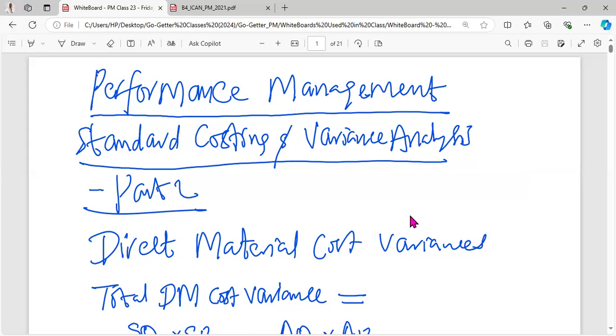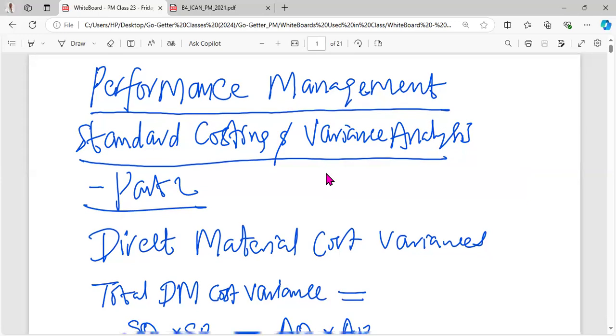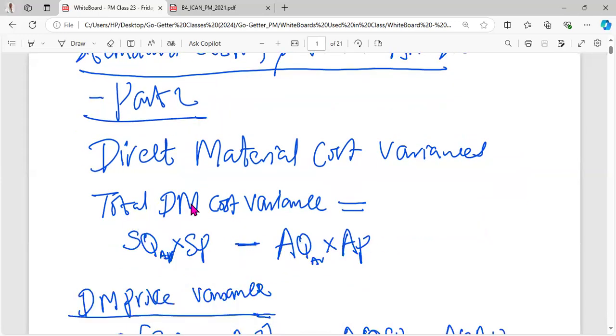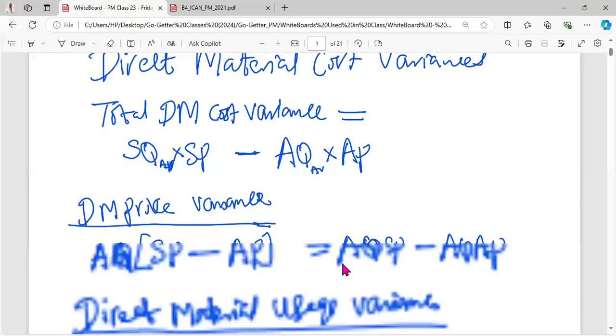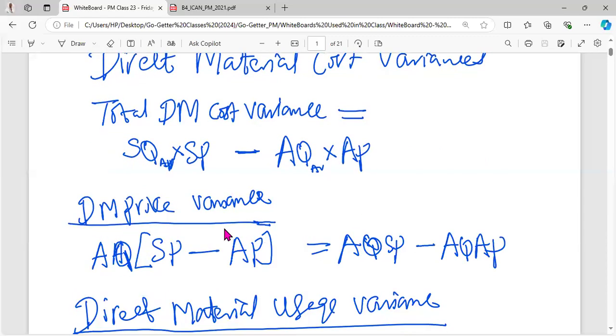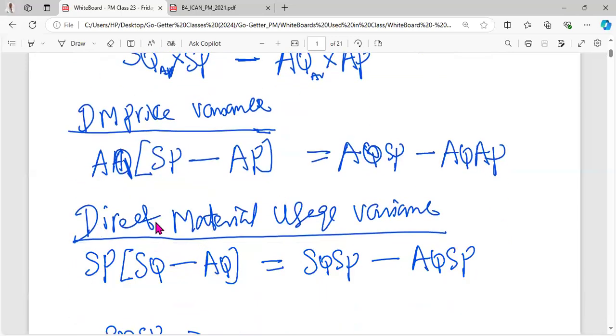We did direct material cost variances, where we saw the total material cost variance formula. Then we saw it being divided into price variance and usage variance, material price, material usage variance.